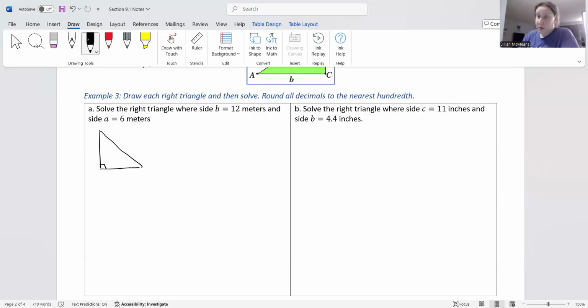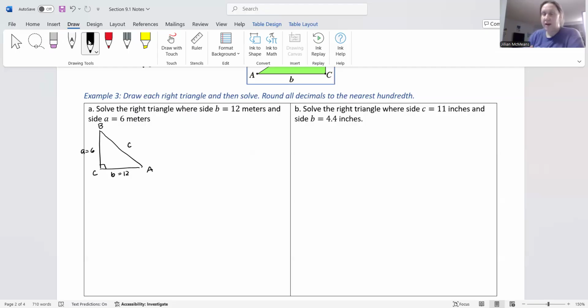So directly opposite the right angle is side C, which we don't have. What we do have are sides A and B, and it does not matter which one you label which. So let's say A is 6 and B is 12. That would make this A and this B.